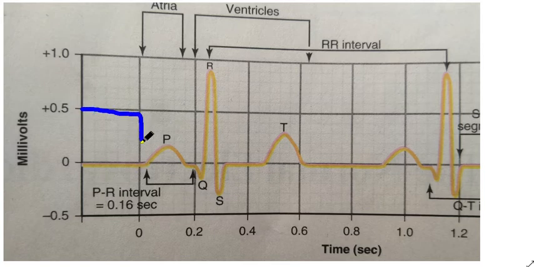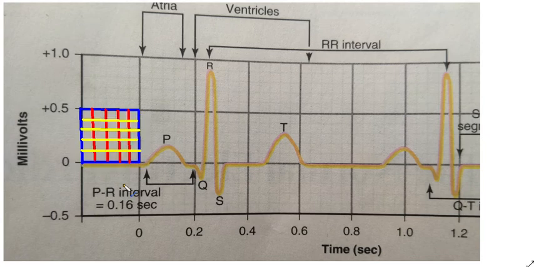This is a recording paper consisting of a number of small divisions, and this is one table or one large box. Here are the values of time and voltage of one large box in the horizontal and vertical directions. In the vertical direction, the value of one large box is 0.5 millivolt, whereas in the horizontal direction it is equal to 0.2 second.